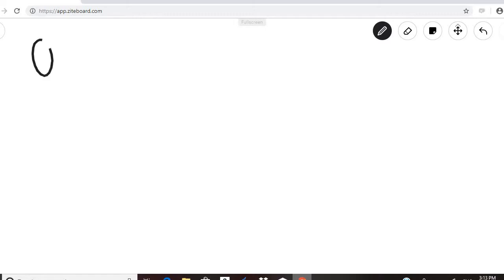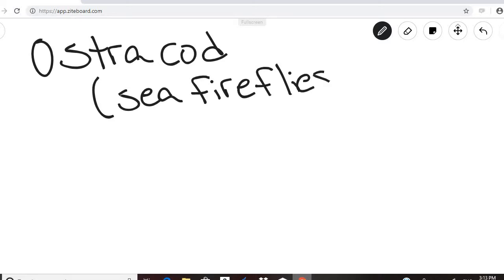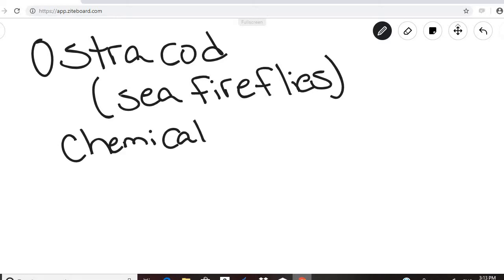So there is an organism, a little thing that's called an ostracod. These are nicknamed sea fireflies. And in lab, there's a chemical in those, and we mix those with water.